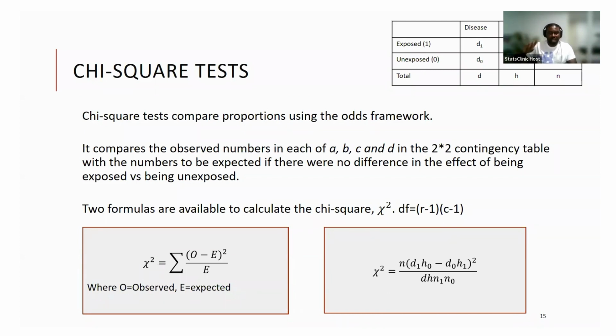It's more flexible in that way. So you'll find chi-square tests more often in papers, in different analyses, okay? The other thing is that the chi-square test essentially compares the proportion using the odds framework. And it's easy to take this 2x2 table, calculate the odds ratio, and you get an inference, okay?